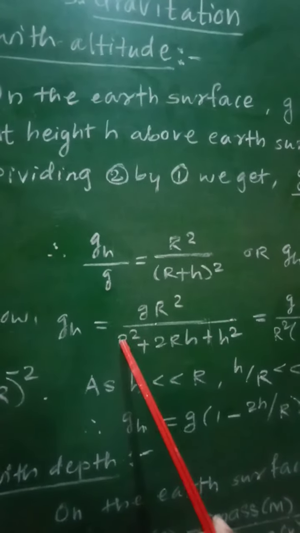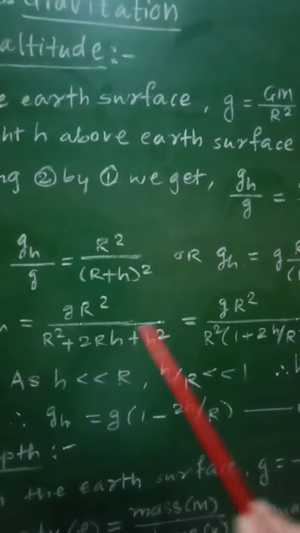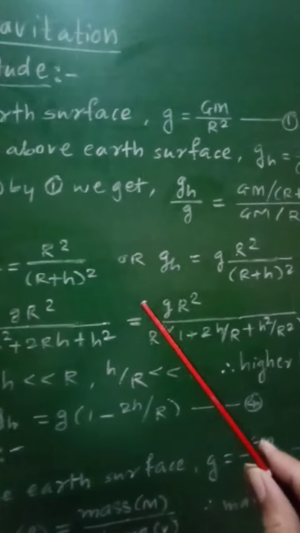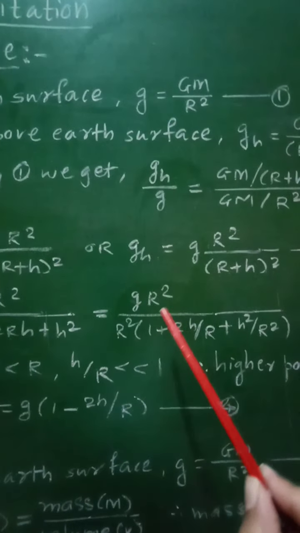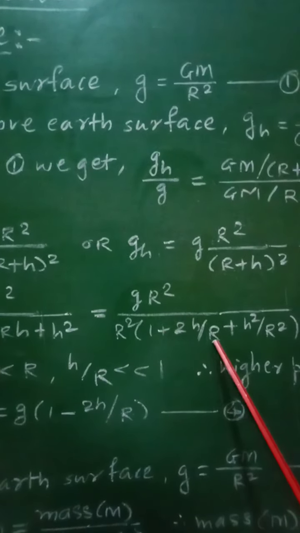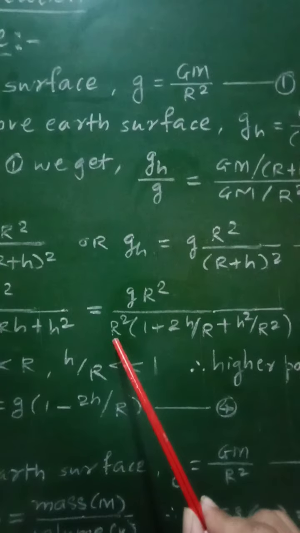It will be r square plus 2rh plus h square. Then take r square common from the denominator, and therefore we will get g r square upon r square into (1 plus 2h upon r plus h square by r square). This r square is taken common.